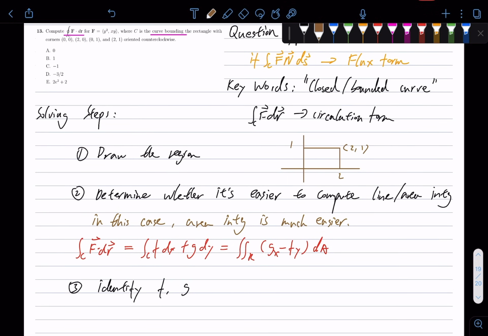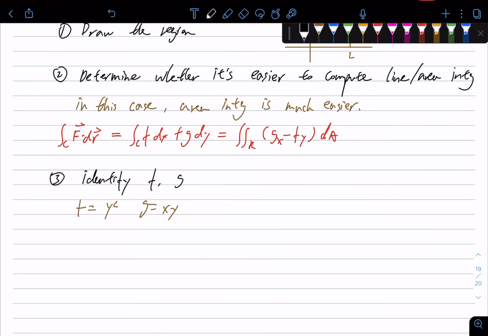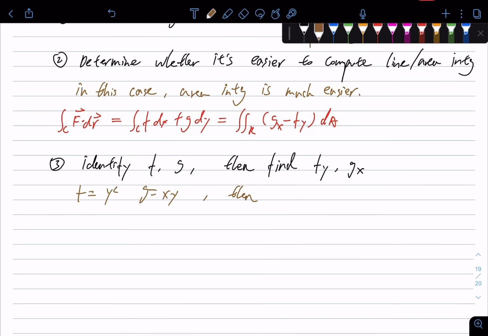So f equals y squared, g equals xy, and then we're going to find f_y and g_x, the corresponding terms that we need in the area integral. So f_y equals 2y, g_x equals y.